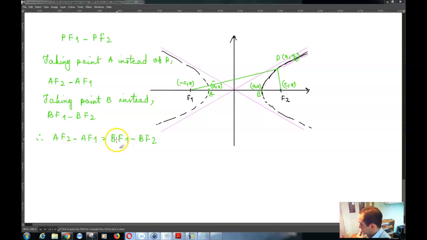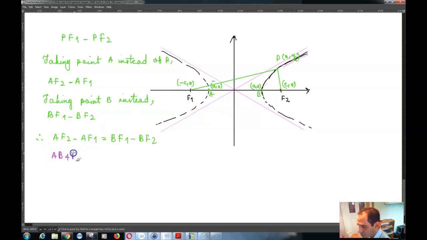Now, as you can see, AF2 over here, this distance, you can break it down to AB plus BF2.